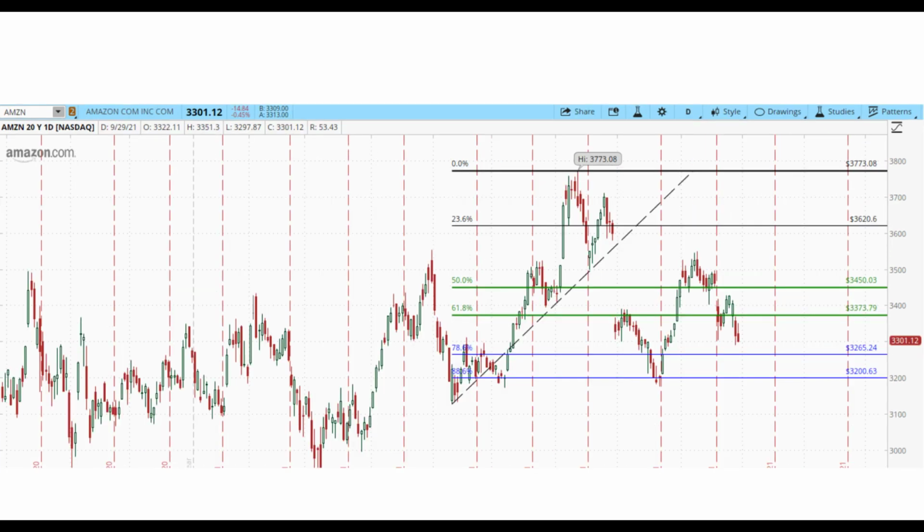So the correct way and the best way to use the fib extension, the fib retracement, is to utilize the trend line that comes with the fib as your trend line, and you combine this with the Fibonacci. So instead of placing your fib from here to here, do you see what I did here?